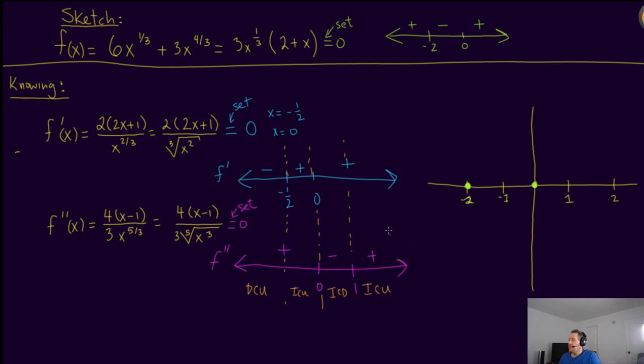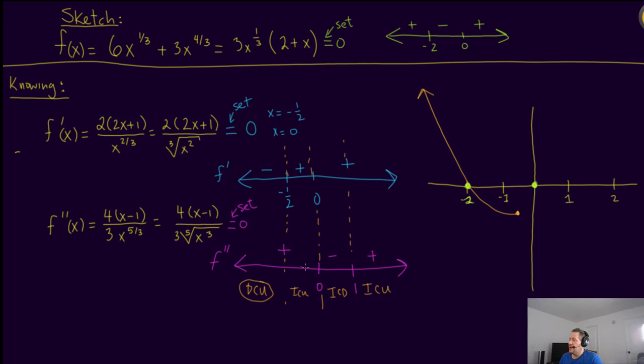As I draw my graph, I know that there is a change in direction that occurs at -1/2. So let me plot a point at -1/2. I know this is going to be below the axis because my initial part told me that the region between -2 and 0 was negative. From -infinity to -1/2, I need to be decreasing concave up, and I have to go through the 0.